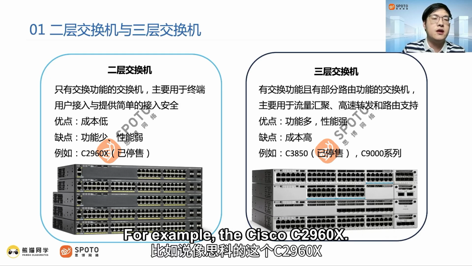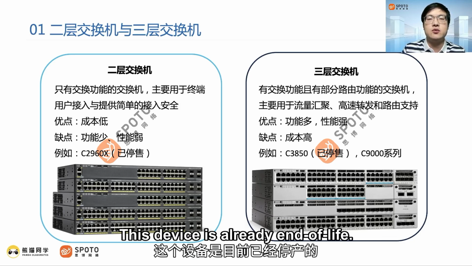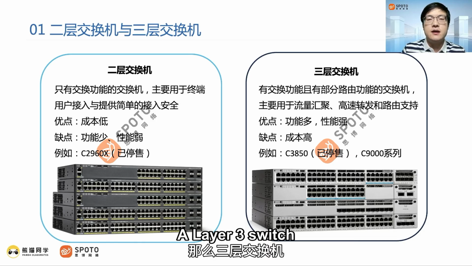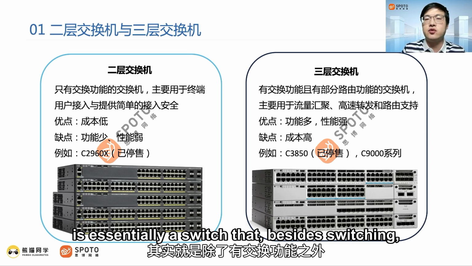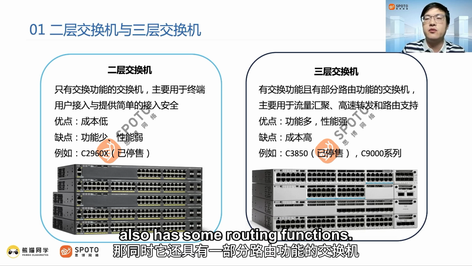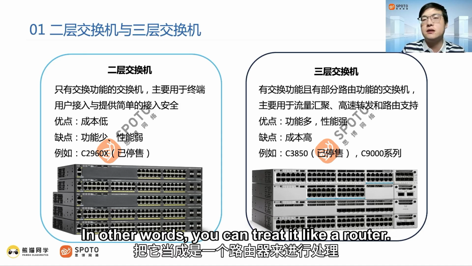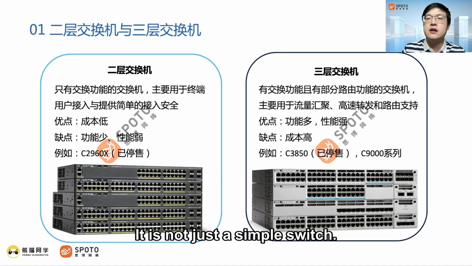For example, the Cisco C2960X. This device is already end of life. A layer 3 switch is essentially a switch that, besides switching, also has some routing functions. In other words, you can treat it like a router. It is not just a simple switch.